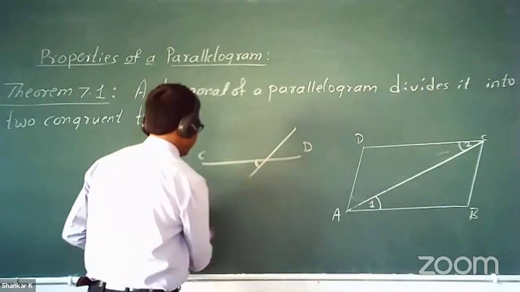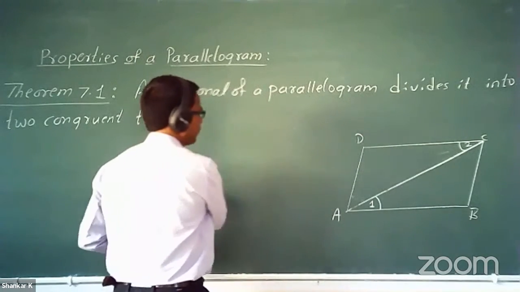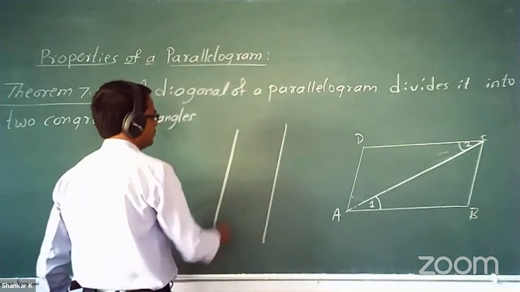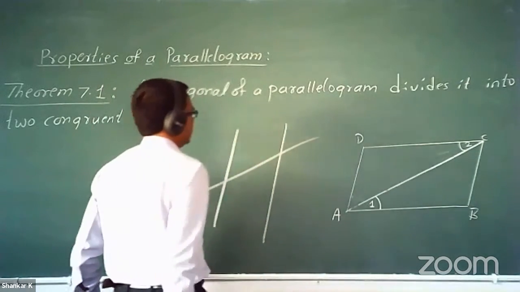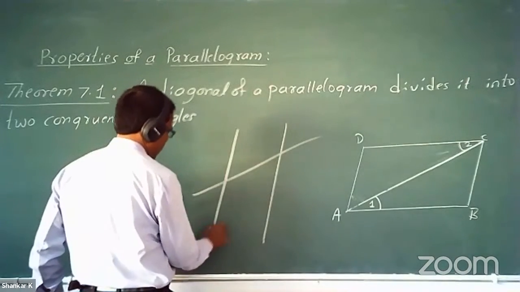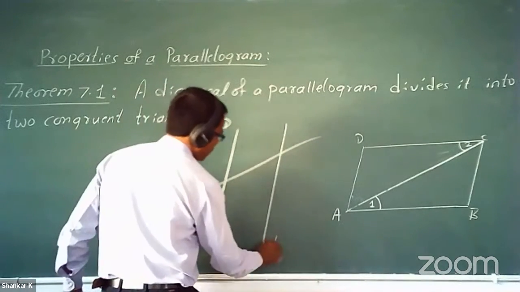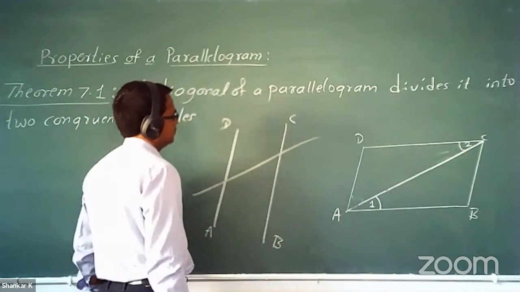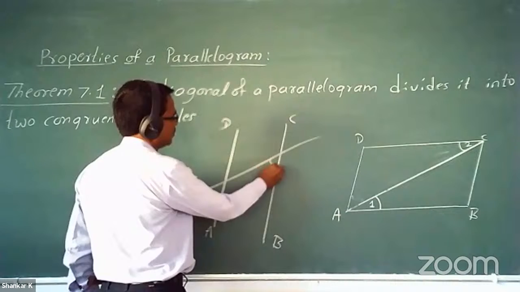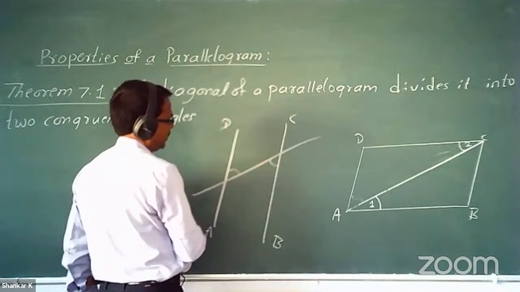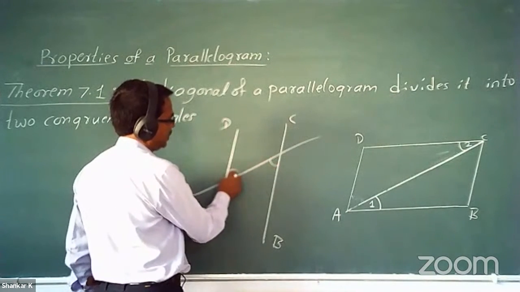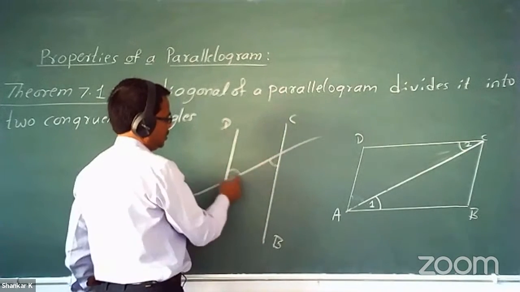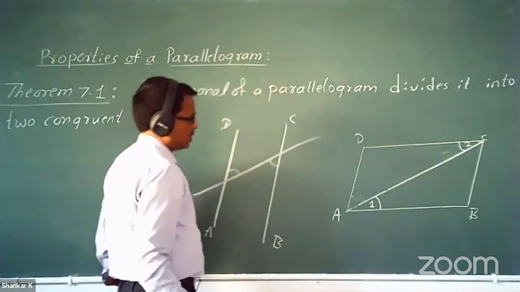Similarly, it is AD and BC. Which are alternate here? These two. AD is parallel to BC, so these are alternate angles.